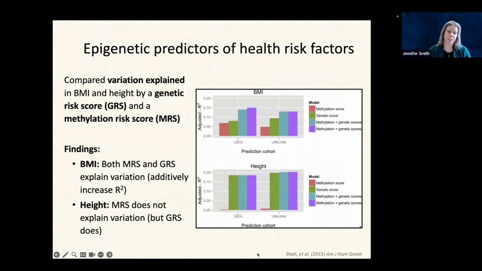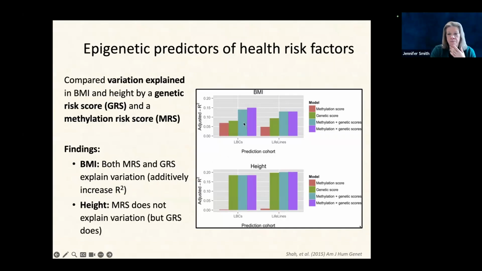Epigenetics are also predictors of health risk factors. So this was a study, and we're going to talk about this too when we talk about polyepigenetic scores, where they looked at variation explained in BMI and height by a genetic risk score, so a summary measure of genetics, and a summary measure of methylation or a methylation risk score. Both of those in BMI explained variability sort of additively.